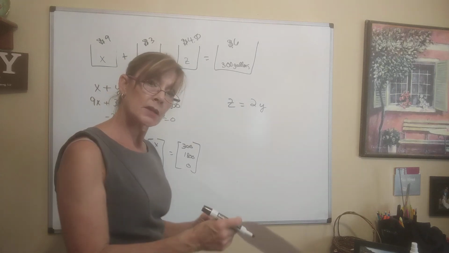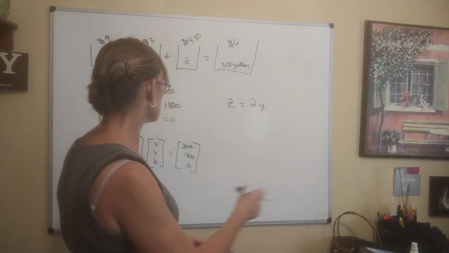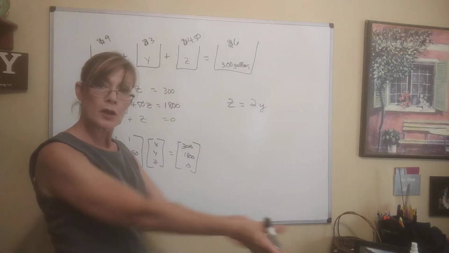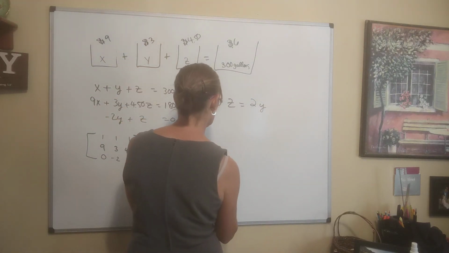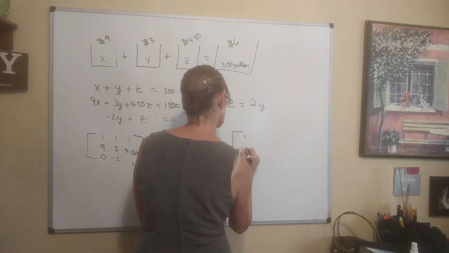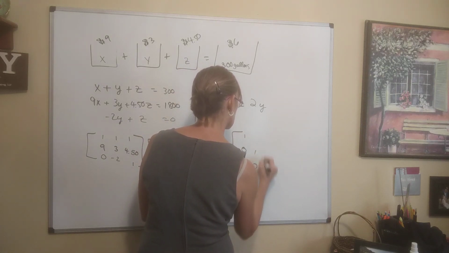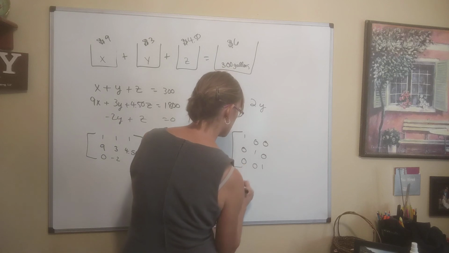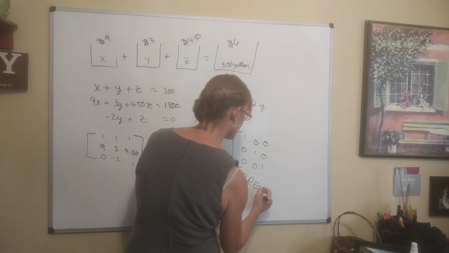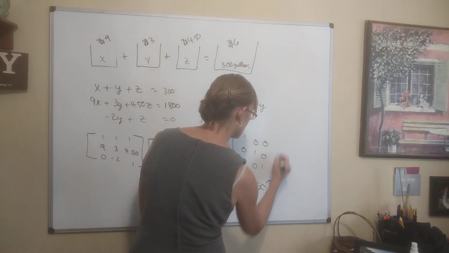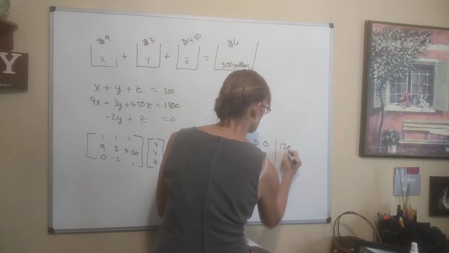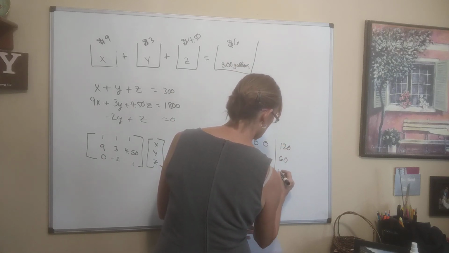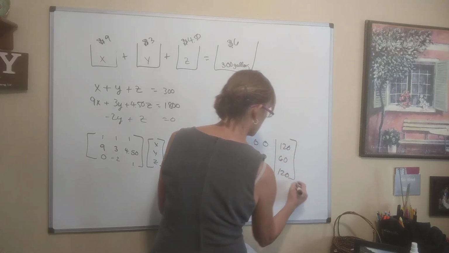And so I put it in my calculator and I made the augmented matrix. And then I put the 3 by 4 augmented matrix in there and pressed RREF. And this is what it told me. So if I ask you to write down the RREF form, this is what you should write down. My answers were 120, 60, and 120. This is what I got.